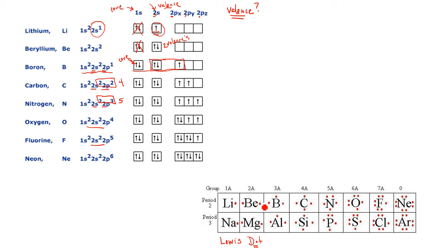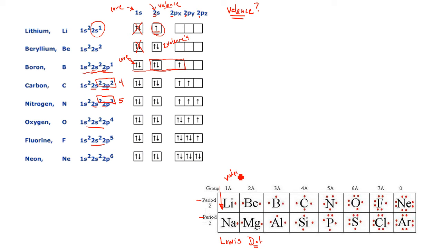So these are Lewis dot structures moving across period 2 and period 3 on your periodic table. So you can start to see a pattern, right? Everybody in group 1, everybody in the alkali metals, lithium, sodium, potassium, rubidium, they all have this one dot. So they have one valence electron.